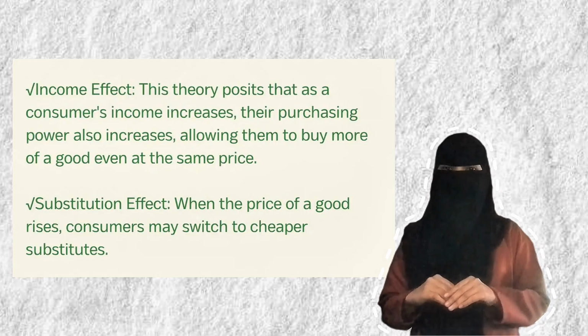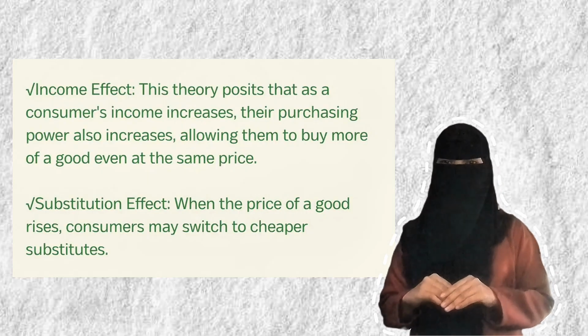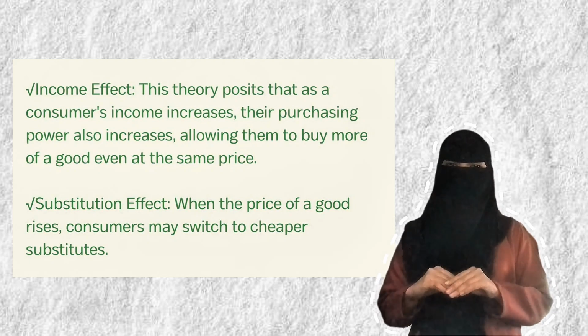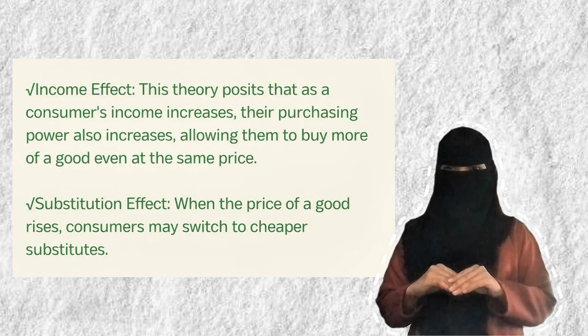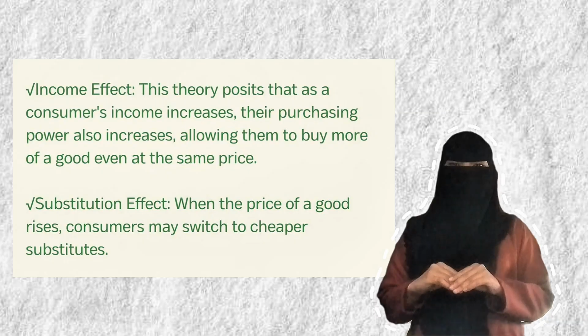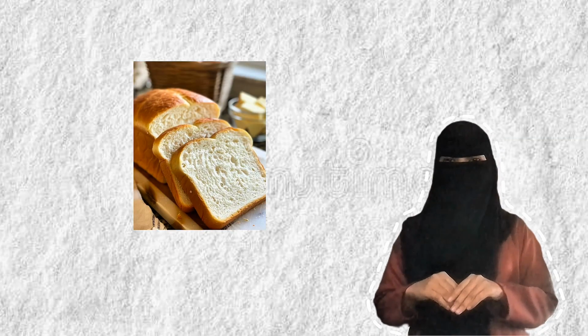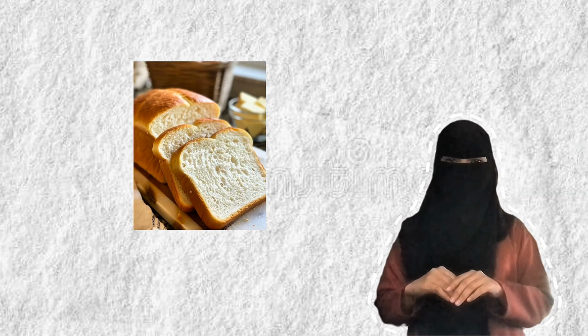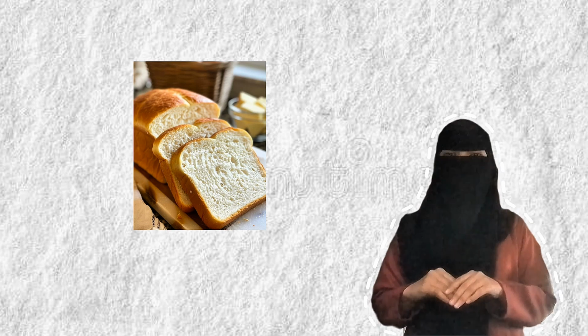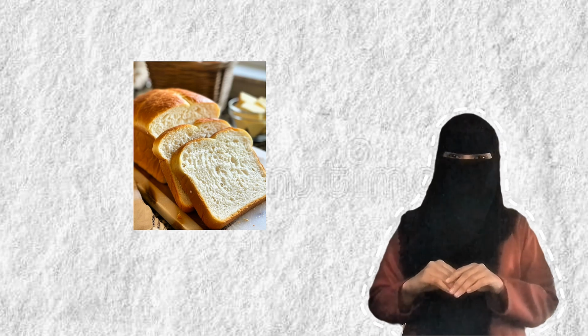The income effect says that after the price decline, the consumer could purchase the same goods as before and still have money left over to purchase more. For both reasons, a decrease in price causes an increase in quantity demanded. For instance, if the price of bread decreases, consumers may buy more bread because they can afford to buy more with the same budget, or they may use their increased purchasing power to buy other goods like milk.